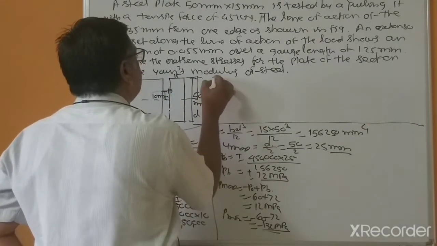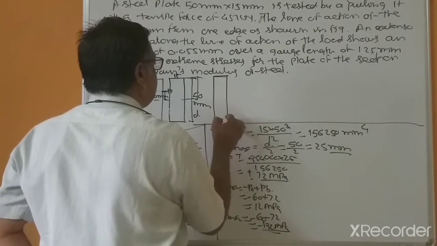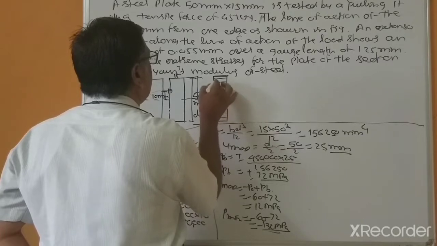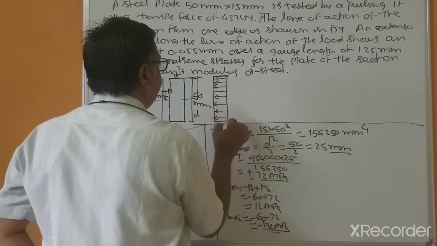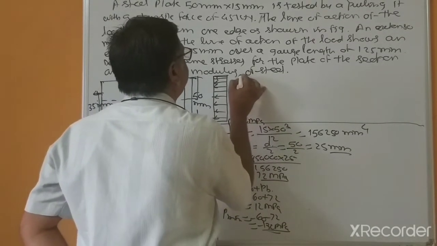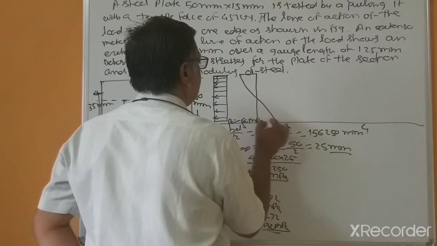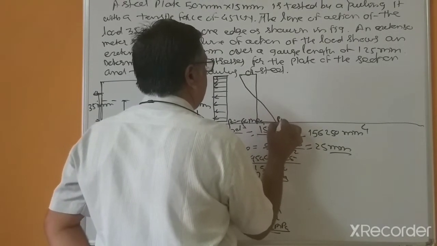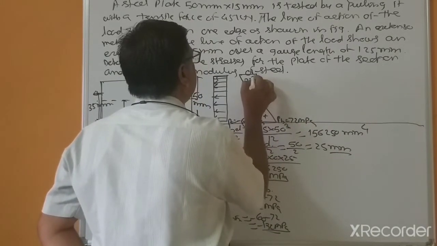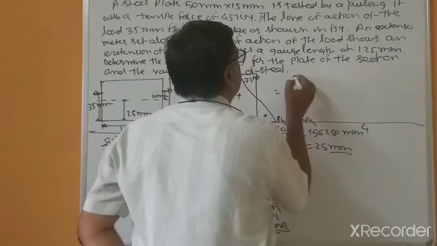So that's why this is tensile. PB equal to 72 megapascal, this is minus 72 megapascals equal to plus. This is resultant.